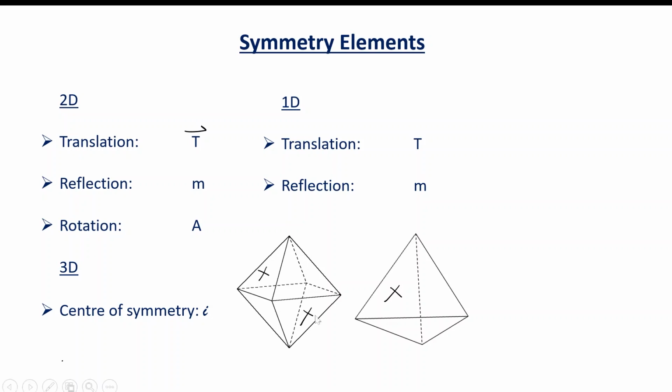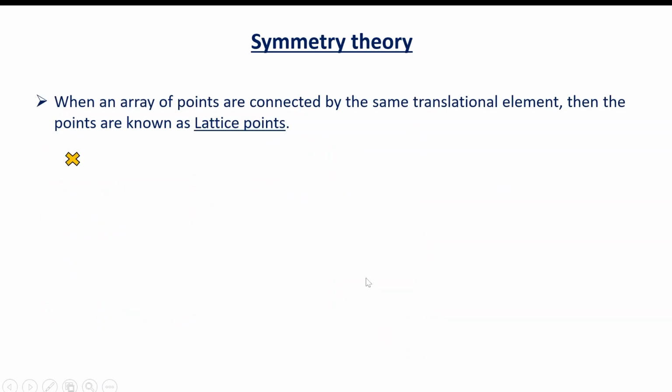So, here you are getting a center of symmetry that is sitting right at the center of the crystal, but in this case you are not getting any kind of center of symmetry.